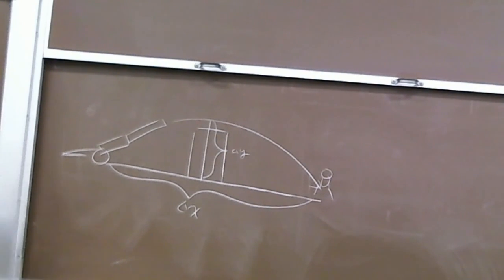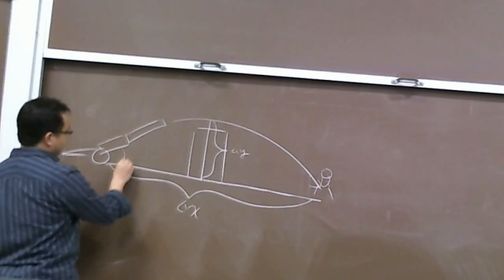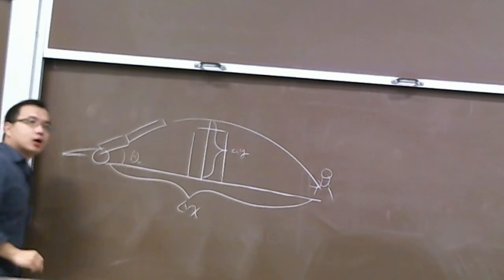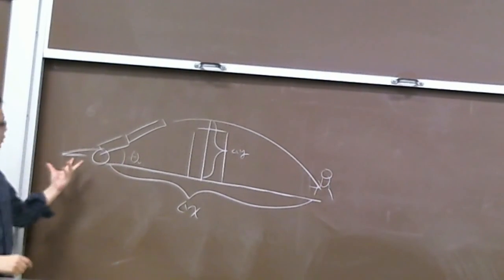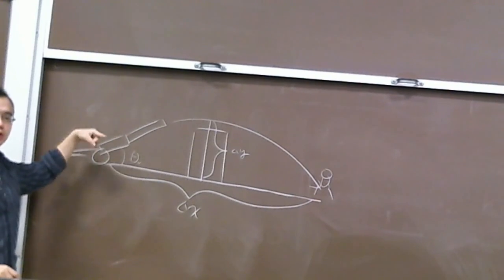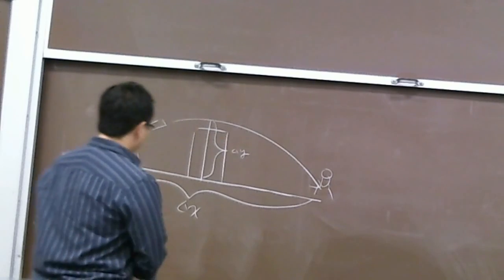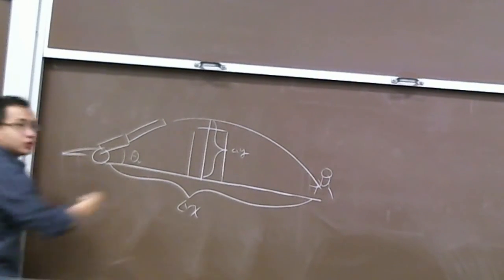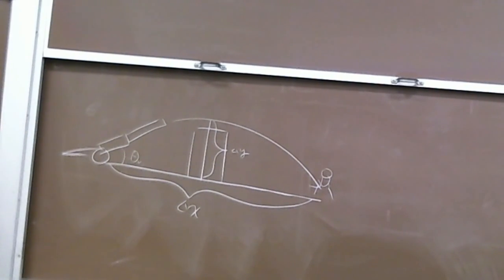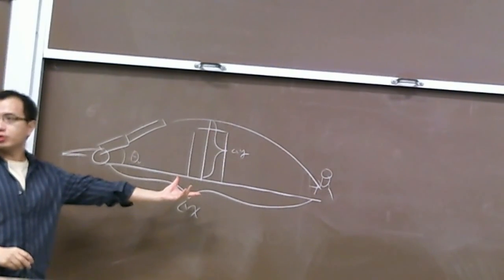And also, you want to study the initial angle theta naught. Same gun, if you put it at a different angle, the range will be different. So you want to see for what angle you will get the maximum range.